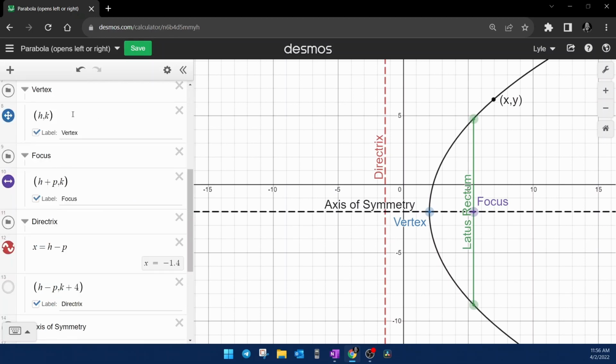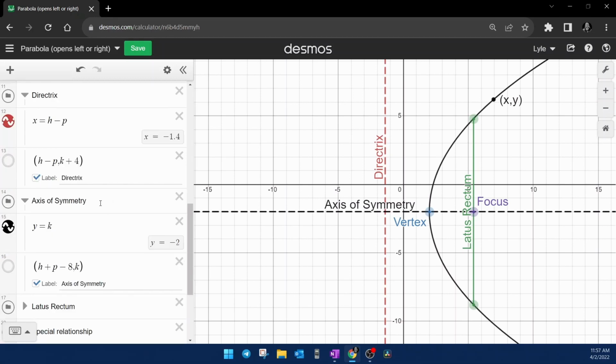And important to note one more time that the vertex is h comma k, the focus for a parabola that opens left or right is h plus p comma k, the directrix is x equals h minus p, the axis of symmetry is y equals k.